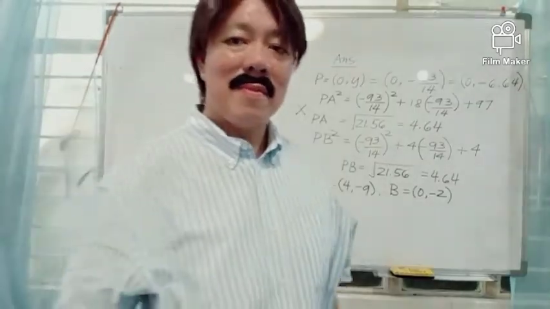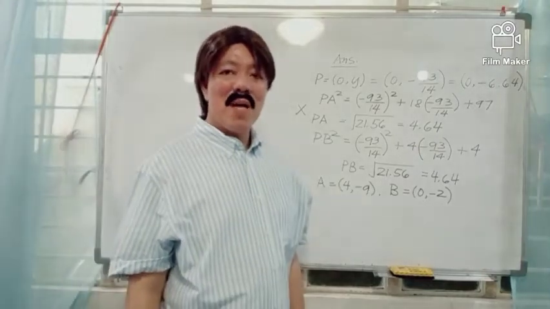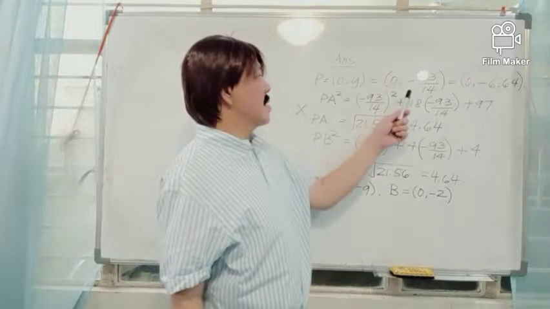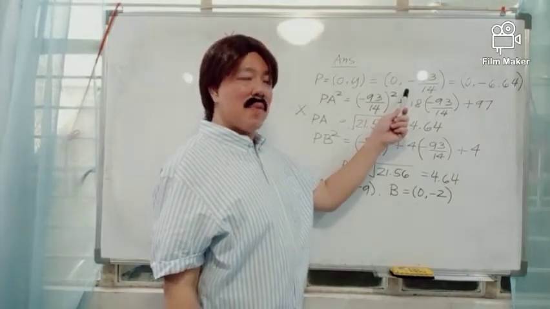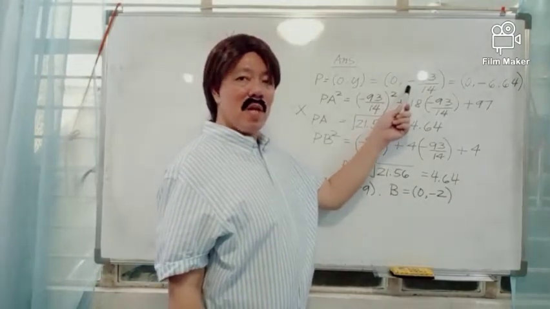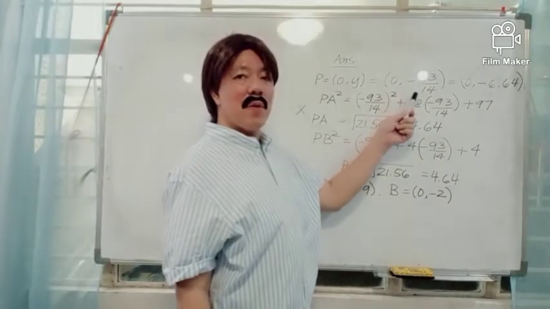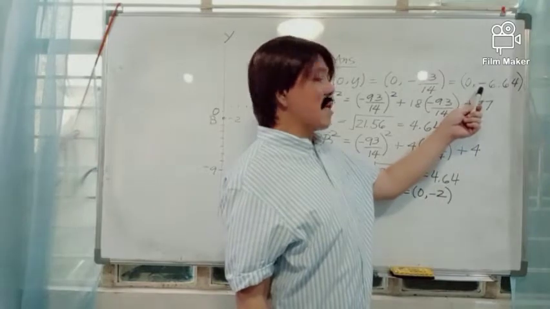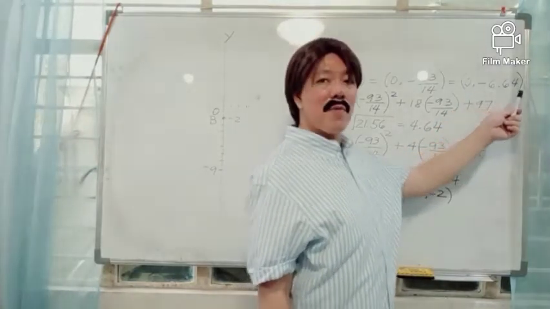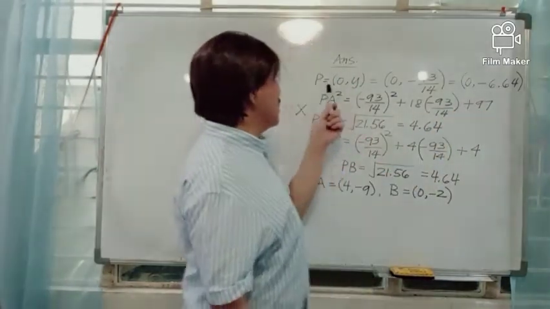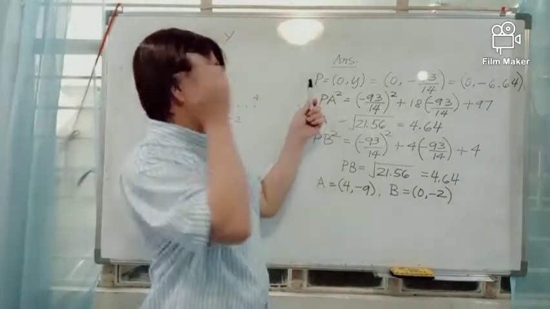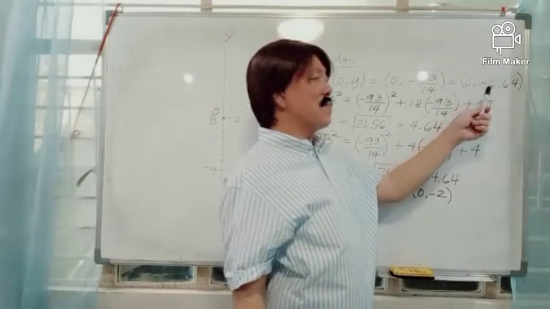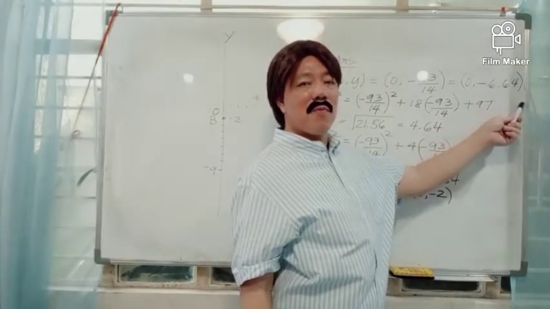We have calculated the value of 93 over 14, and you can check this value using your own calculator. Negative 93 over 14 to 2 decimal places is negative 6.64. Now we can plot the point P with y coordinate negative 6.64.